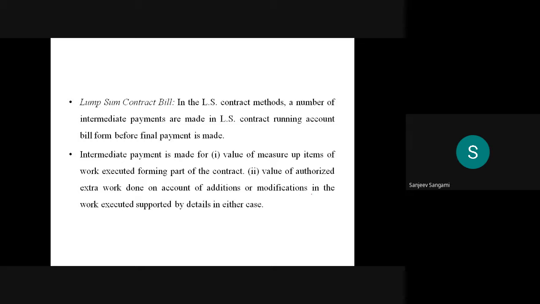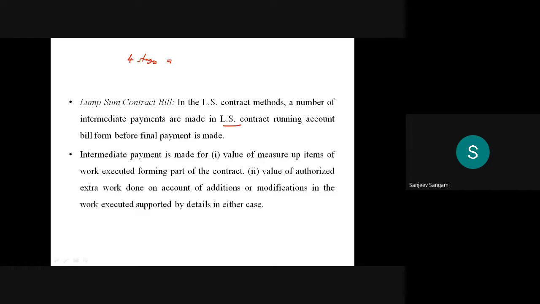Then lump sum contract bill. In this lump sum contract method, a number of intermediate payments are made in lump sum contract running account bill, from the final payment is made. For example, assume that you have four stages of work.